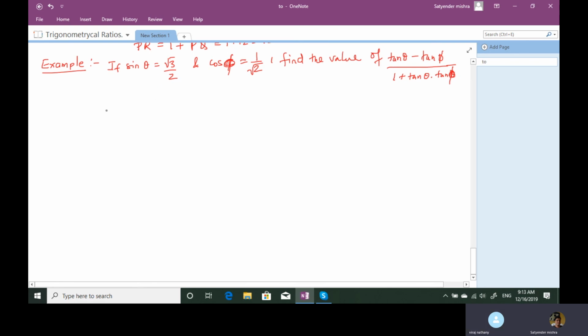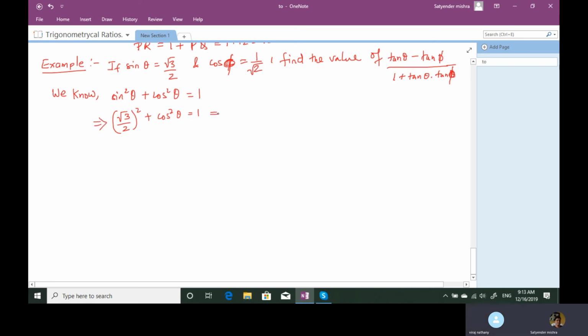What we can do is, we know sine square theta plus cos square theta is equal to 1. And here the sine theta value is given to us. So we write here root 3 by 2 whole square plus cos square theta equal to 1.